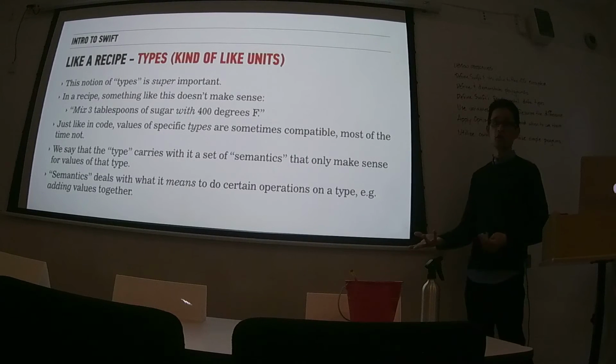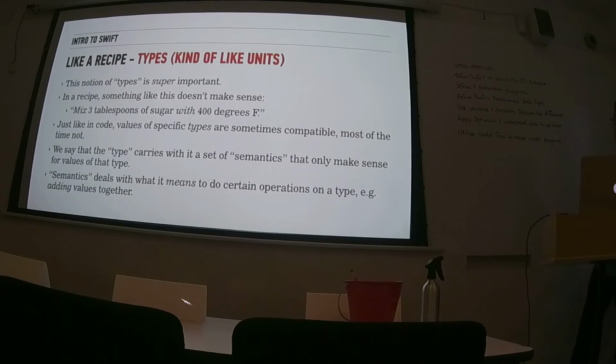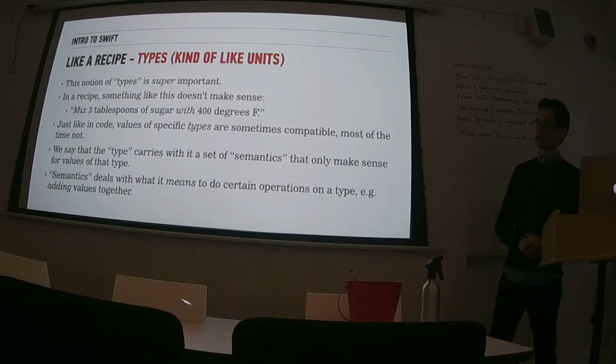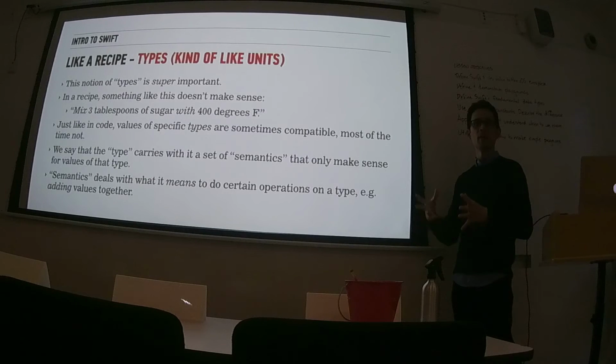Same thing with sugar, or tablespoons of sugar. Tablespoons of volume, so we think about 3 tablespoons of sugar in terms of volume. Anyway, with regards to computer code, it determines what actions we can take on that piece of data. Something like taking 2 numbers and adding them together, for example.